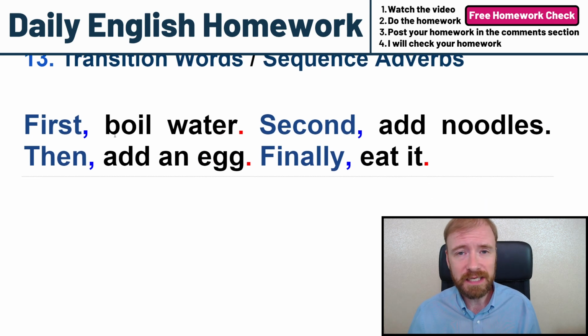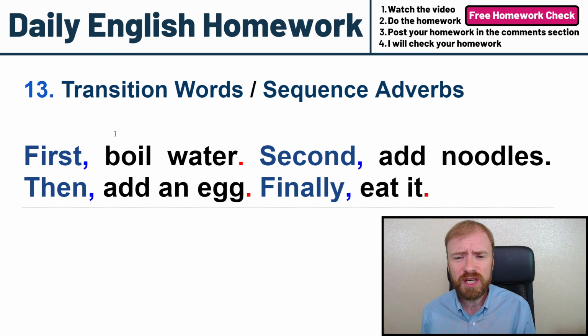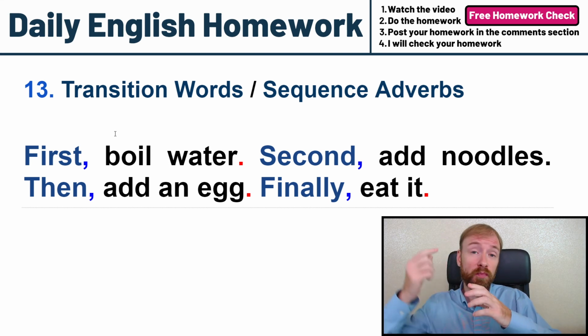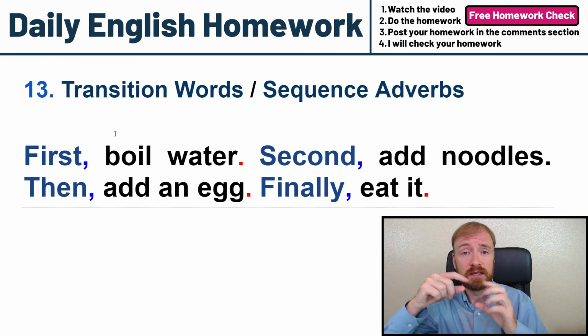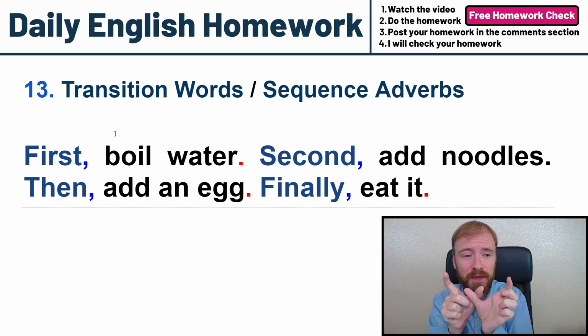And the last way, we're almost finished, transition words and sequence adverbs. Okay, so we know conjunctions are words we put in the middle of the sentence to connect two sentences or two clauses, two pieces of information into one sentence.